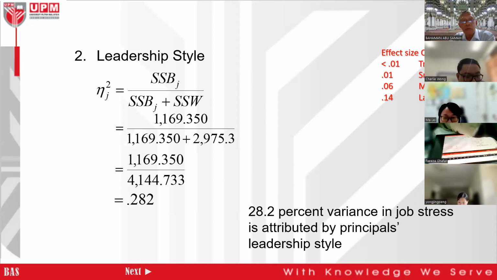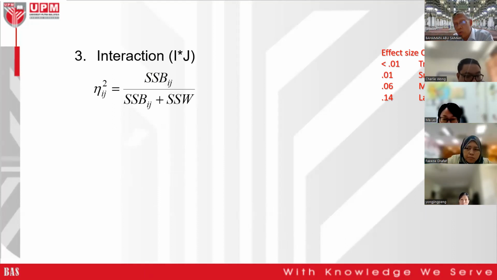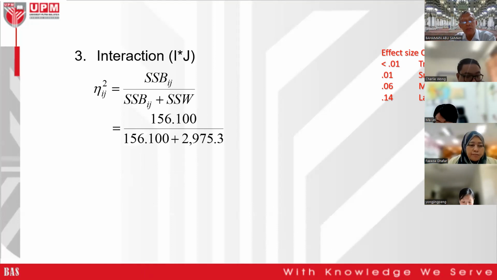Higher. And then for the last effect, which is the interaction, it will be sum square between for interaction divided by sum square between for interaction plus sum square within. We just plug in the value 156.1 into the equation, and the answer that we get here is only 0.050.